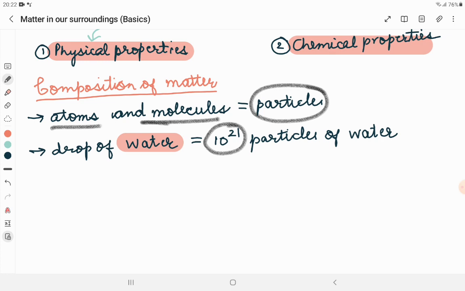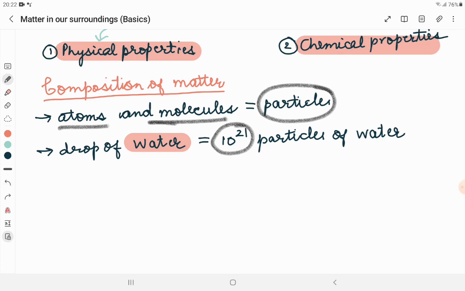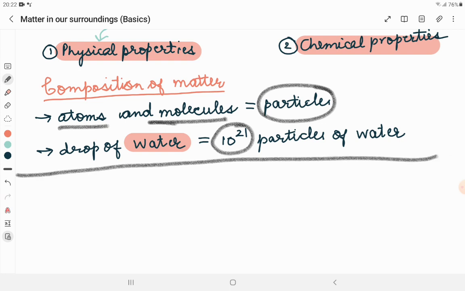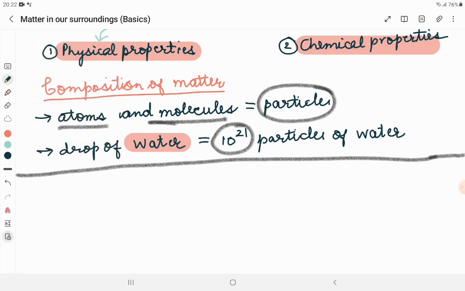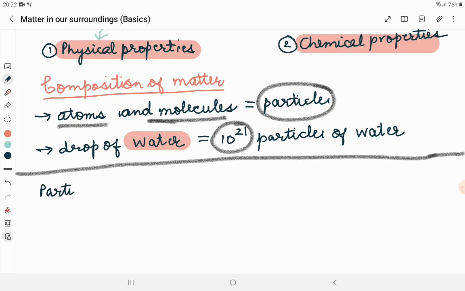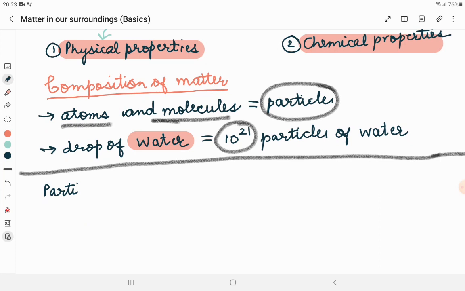We are going to study the particles, as we have already talked about the particles only. So let us take one step further and see what these particles actually are. Are the particles stationary, meaning are they at rest, or are they mobile?